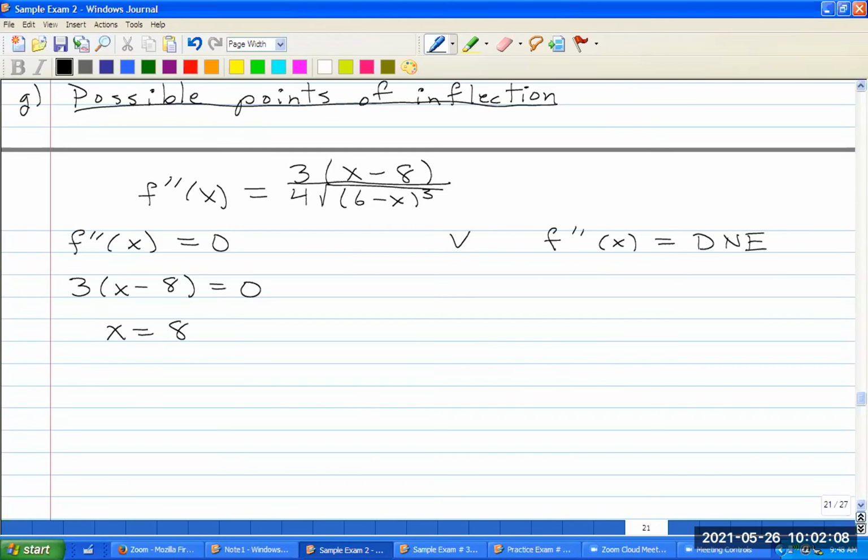Set the denominator equal to 0. So x is equal to 6. Again, this is an endpoint. And so it's not really going to be a point of inflection. Well, it can't be because it's at an endpoint.